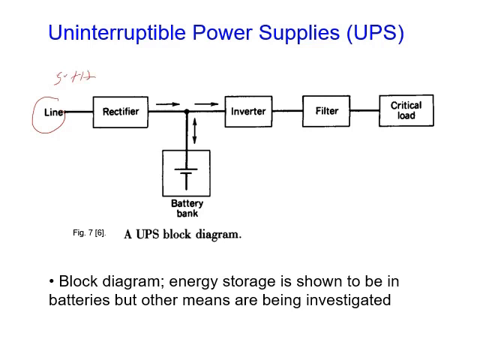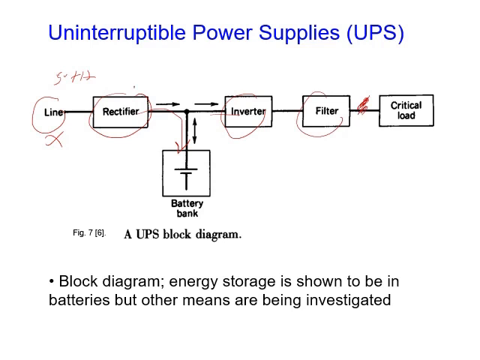Now it goes to a rectifier, and the rectifier provides energy to charge the battery, because we need the battery when the electricity shuts down later. At the same time, it goes to an inverter to go back to AC with a filter to make sure that we have clean power on the critical load.